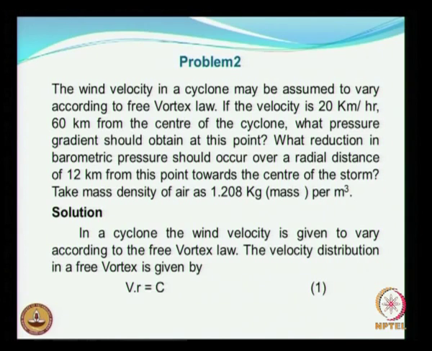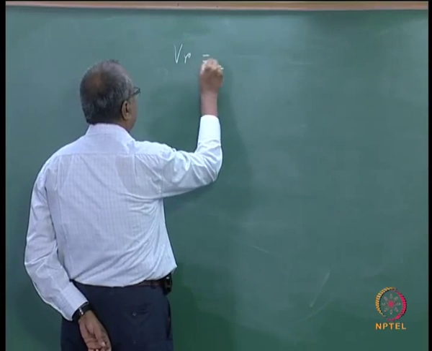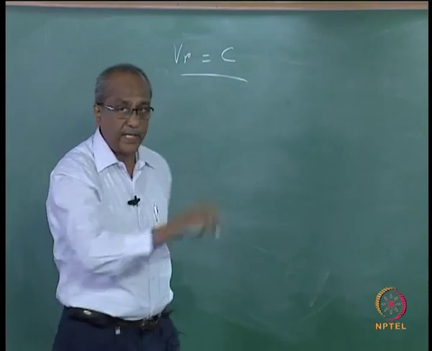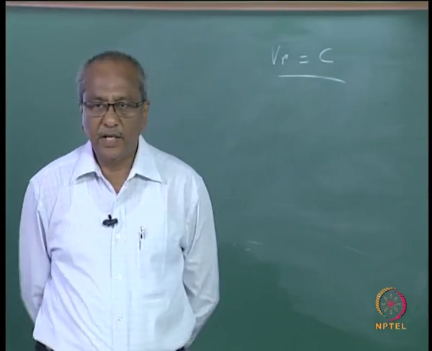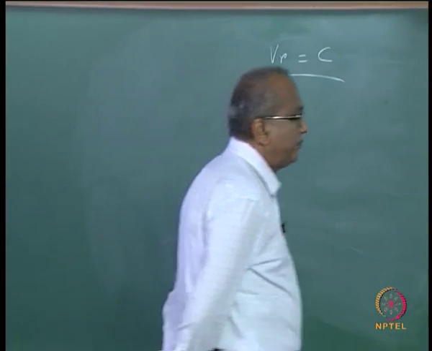Here we are talking about the wind velocity in a cyclone. The problem says the wind velocity in a cyclone may be assumed to follow the free vortex law. Look at some standard books for the details on the free vortex law.